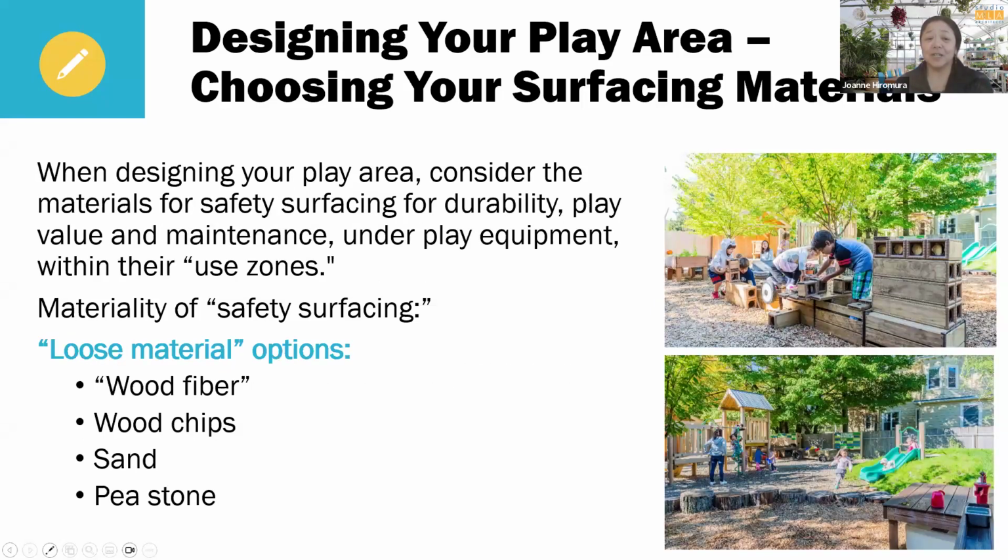The next slide shows examples of the loose fill safety surfacing material options. So some of these loose material options are wood fiber, wood chips, sand, or pea stone. The wood fiber option you've probably heard of is an engineered wood mulch product.